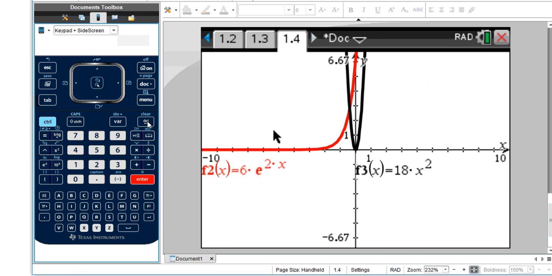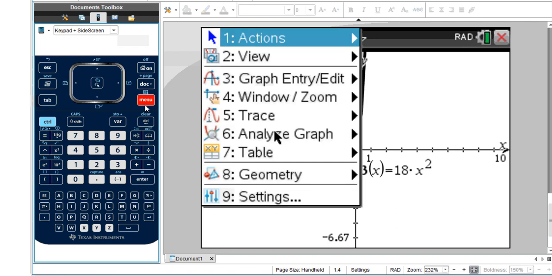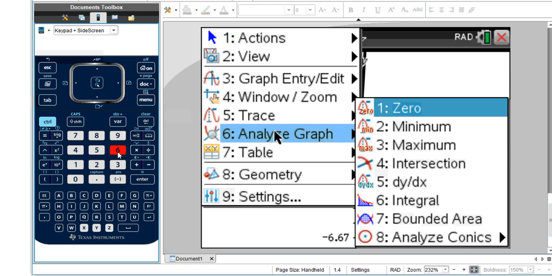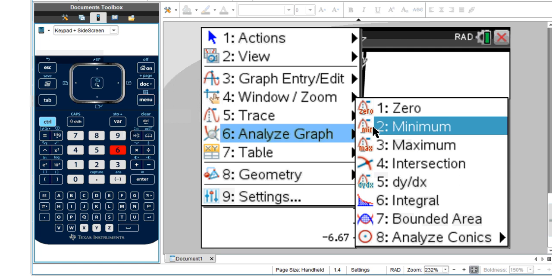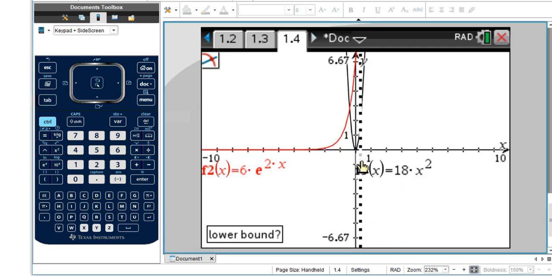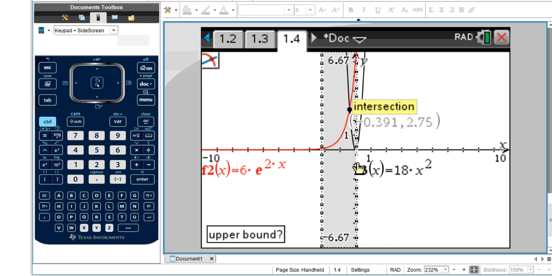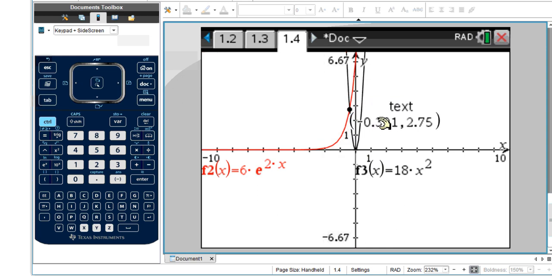And to find our intersection, we can go to Menu, Analyze Graph, G, and we're going to find intersection. It says lower bound, so I set a lower bound and come up here to a higher bound. And so we have this value here.